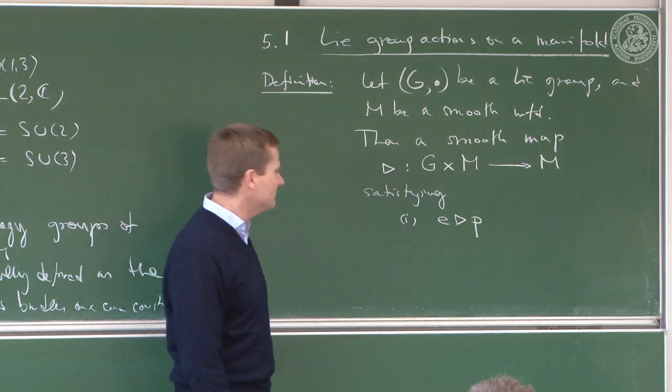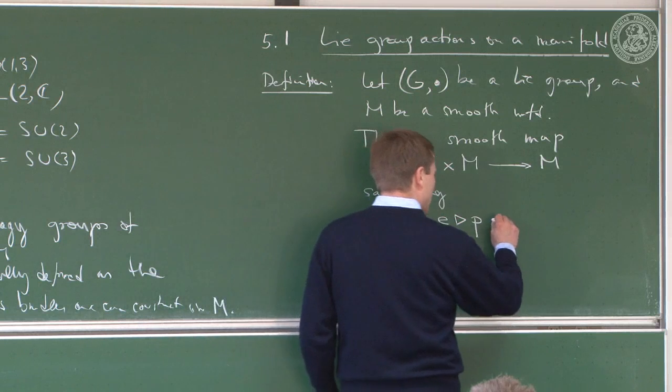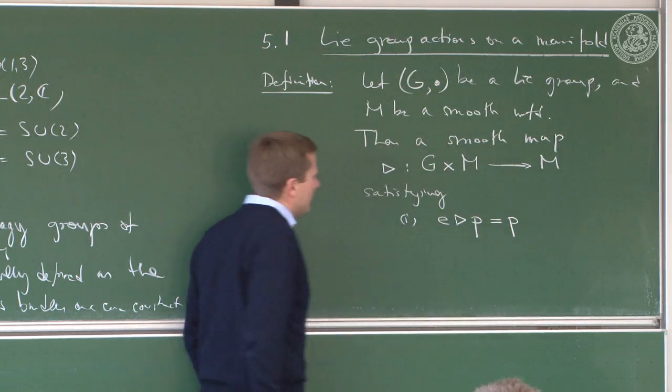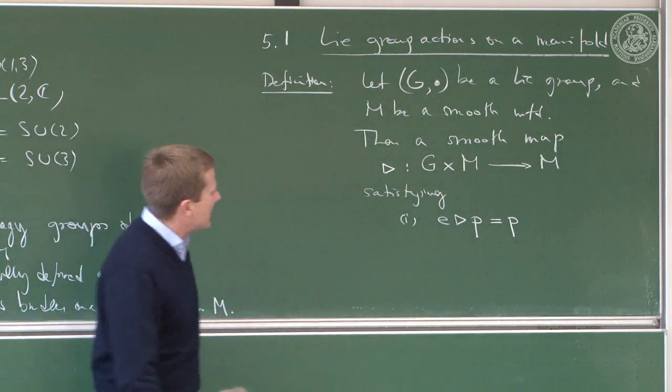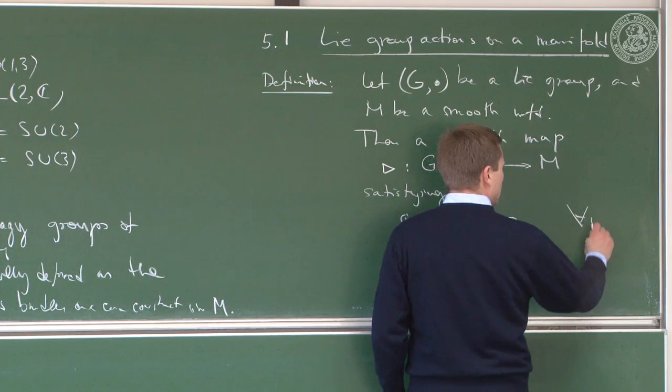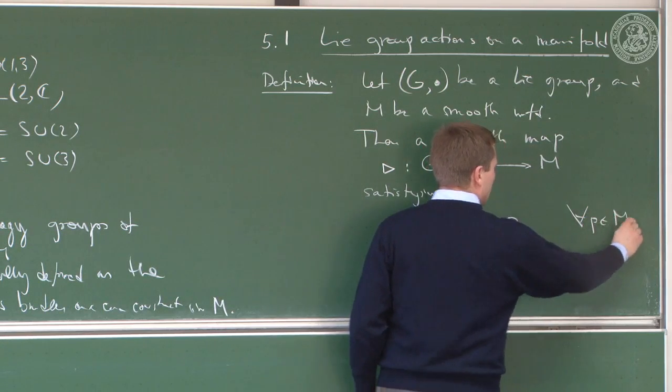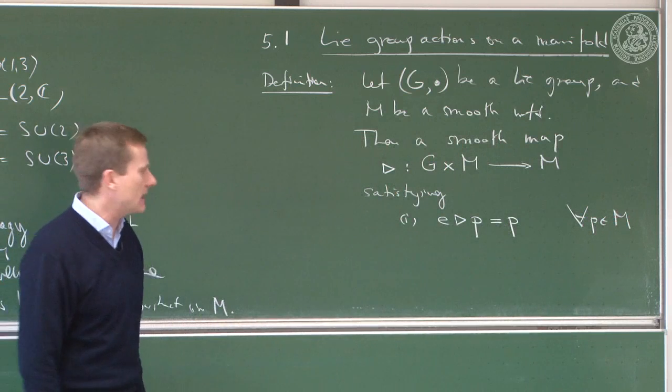Okay, it's like the addition, you know this from elementary school. So if the identity acts, that yields P again for all P in the manifold, so the identity does nothing.